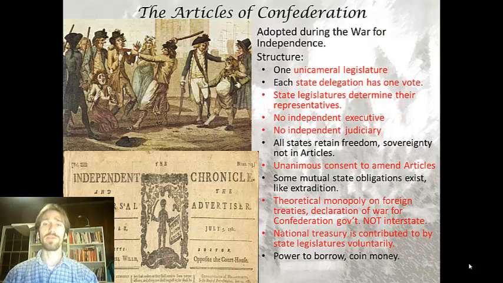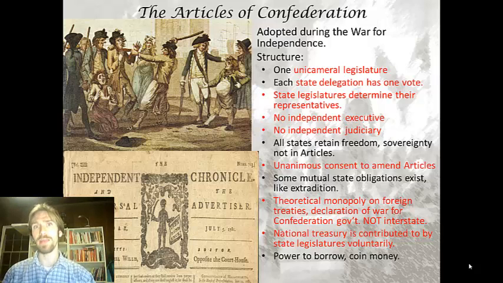The Articles government had one unicameral legislature. That was it. Now that actually made a lot of sense. Let's think about why. Even though the framers were used to a bicameral system, and indeed a lot of their state legislatures had bicameral systems, that didn't mean that they thought of bicameral systems as good of necessity. They were only necessary in a lot of ways because of what they represented.